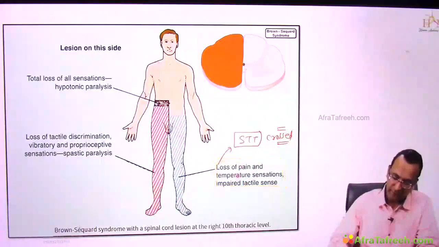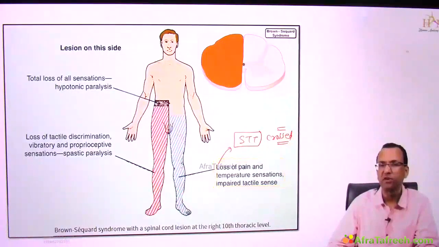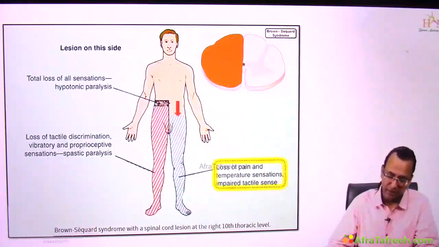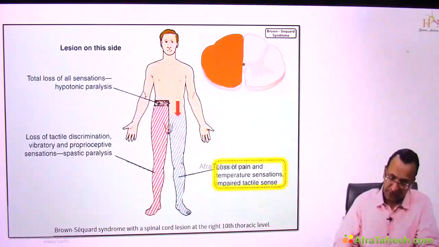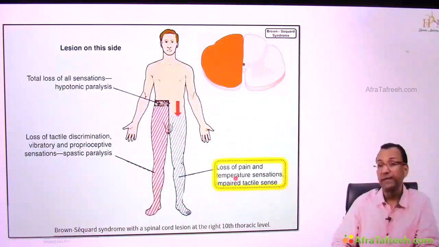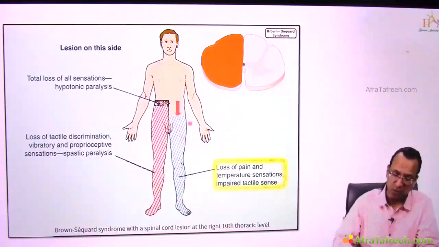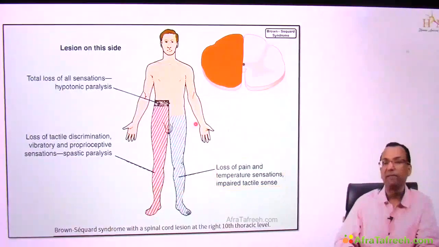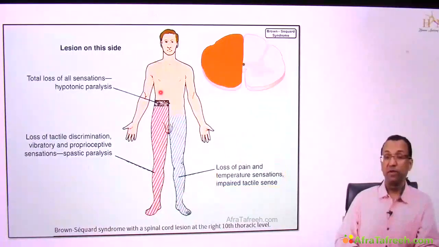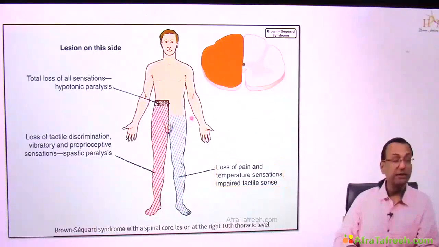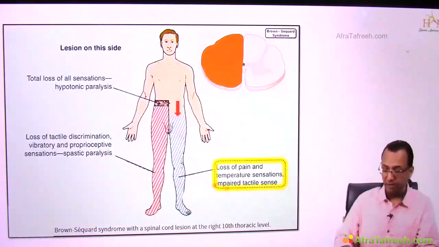Now, once you say that pain temperature, crude sensations are contralateral, what is ipsilateral? See, this problem, which is loss of pain temperature, is also one more specific feature. It is 1 or 2 segment below the level of lesion. If the lesion was at T10 spinal cord, the problem will come at T11 or T12, 1 or 2 segment below the level of lesion.